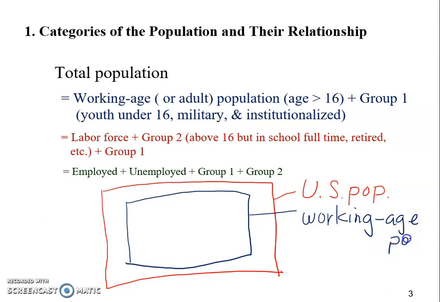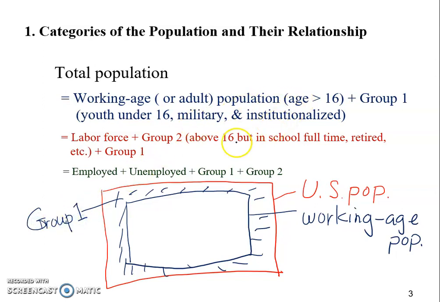What's outside of the blue box but inside of the red one would be group 1. Again, younger than 16, military or institutionalized.